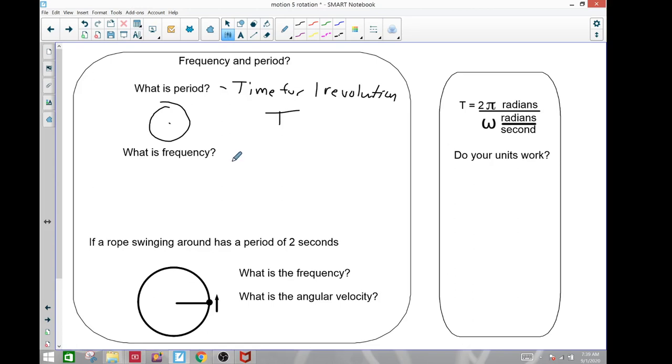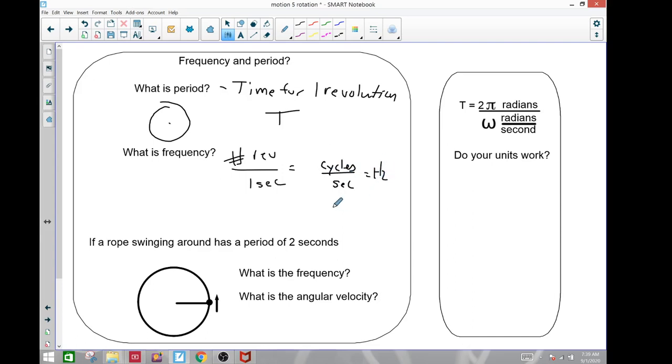Frequency is going to be the number of revolutions per just 1 second. Typically a unit might be cycles per second, and a typical unit of that is a hertz.